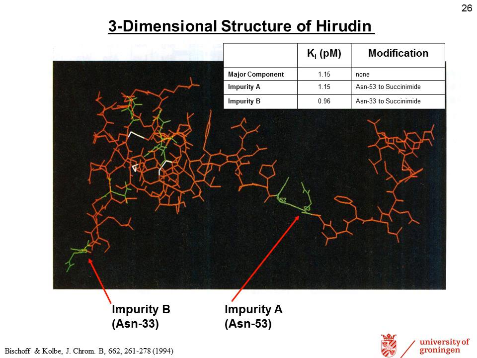You see, the major component has an inhibition constant of 1.15 picomolar, while impurity A and impurity B have essentially the same inhibition constant. We could therefore safely assume that the impurity, which was less than 1%, should not affect the overall biological and hopefully pharmacological activity of hirudin, which later turned out to be true, as the product is also on the market now.